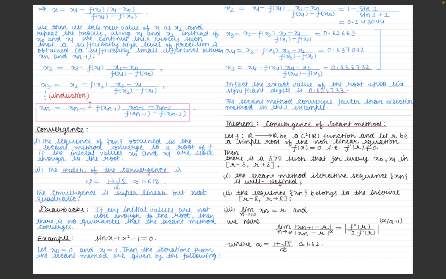Let the fifth be the last iteration. x5 will be x4 minus f of x4 times x4 minus x3 by f of x4 minus f of x3, which is 0.636732. So you see the values seem to be converging to 0.63 something.